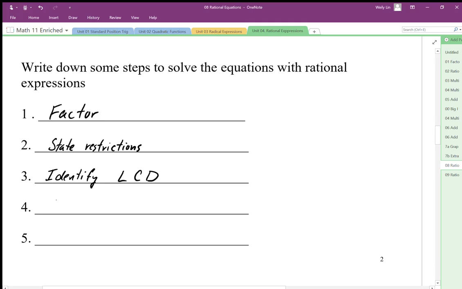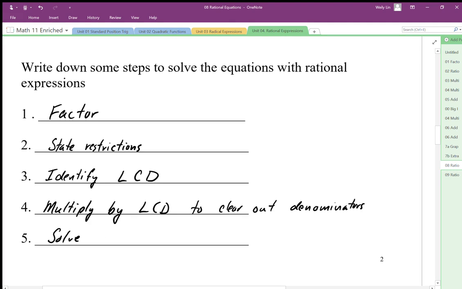Then we want to multiply by the LCD to clear out the denominators. And then we solve normally.